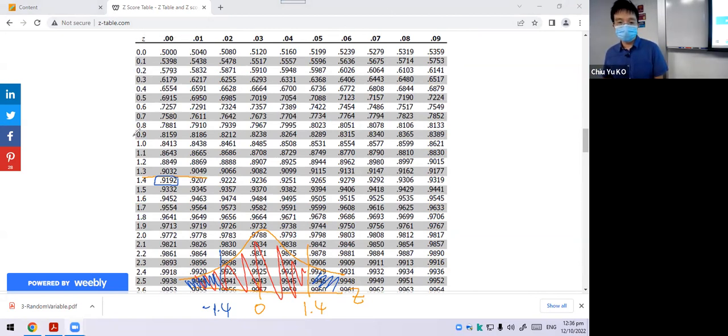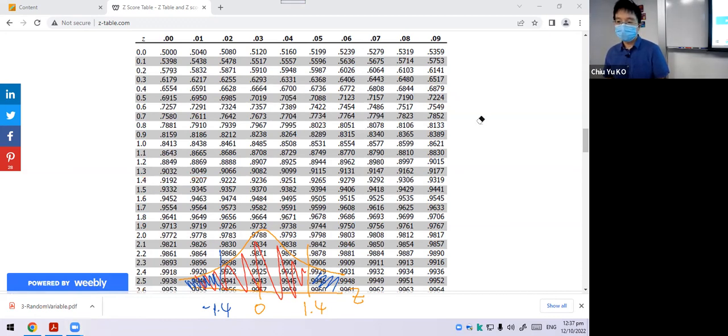You first look at the first column, where the first number is 1.4, and then you add 1.41, 1.42, and so on. Just like the dictionary, look at the first letter first, then the second letter. 1.4 exactly gives 0.9192.